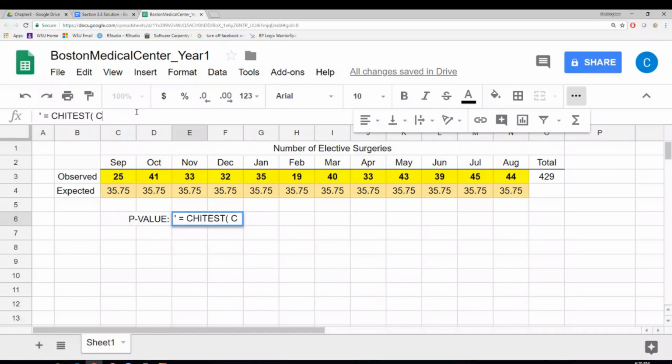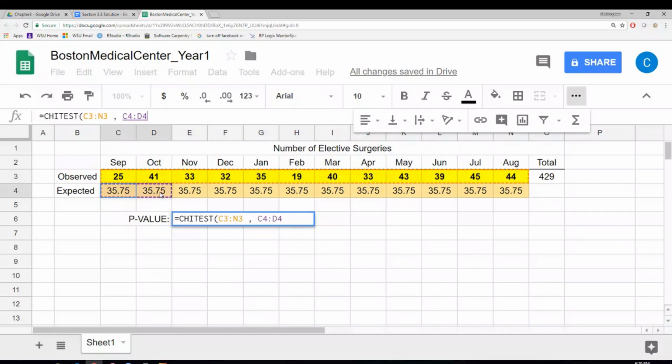So this is going to be C3. Let me go ahead and back that up a little bit. I will show you what it looks like live and then talk about it. So C3 through N3, and then I need a comma, and then I need the expected counts.